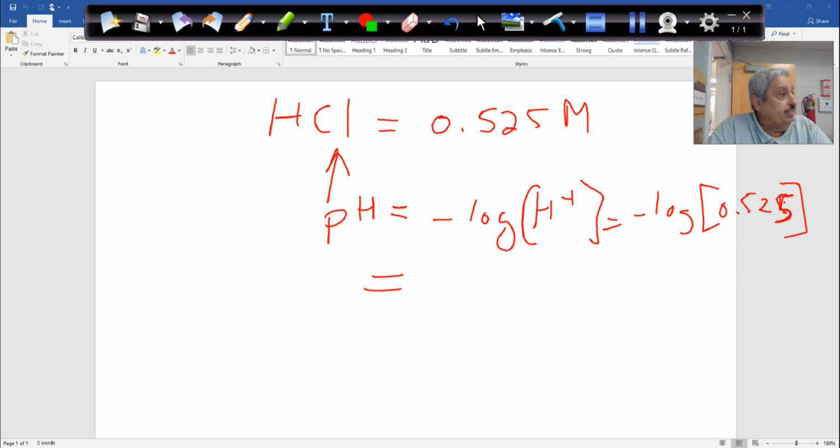The minus will just vanish with the other minus of the log. Log 0.525, how much is it? 0.28, and how much after that? 279.